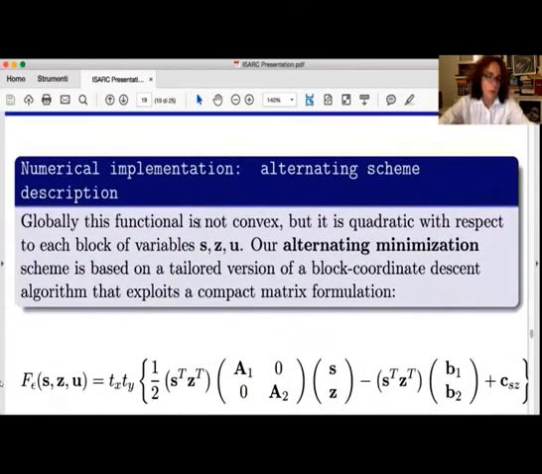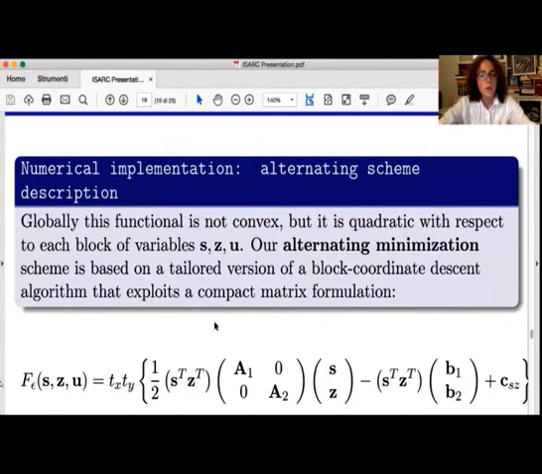In order to build a software that can be used to practically detect these defects during an inspection, we have to come up with a numerical implementation.